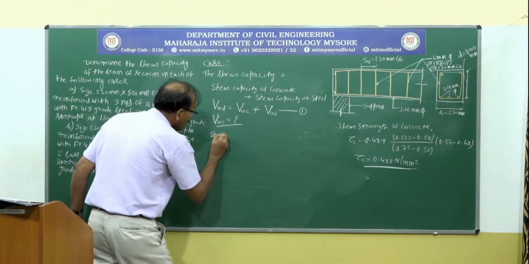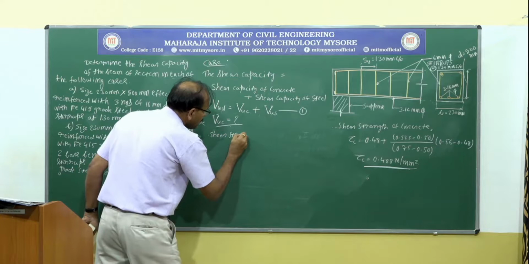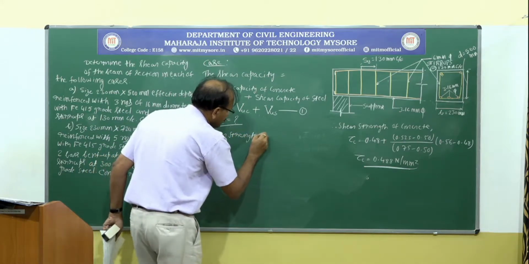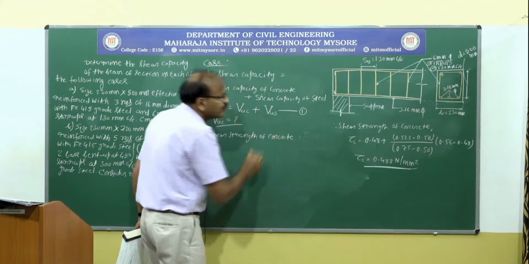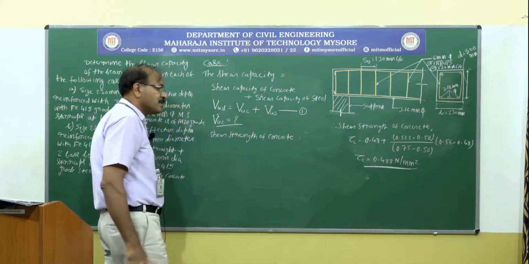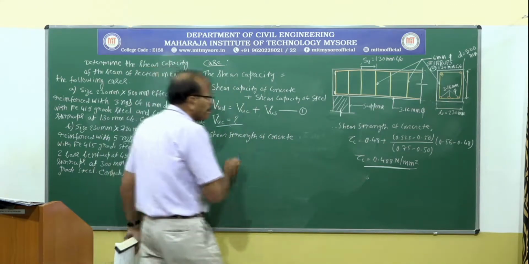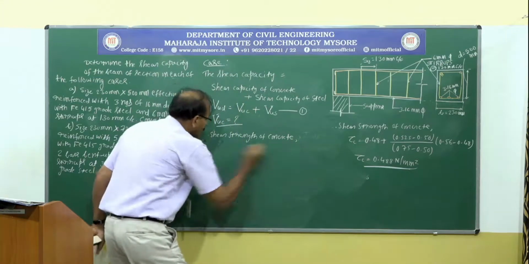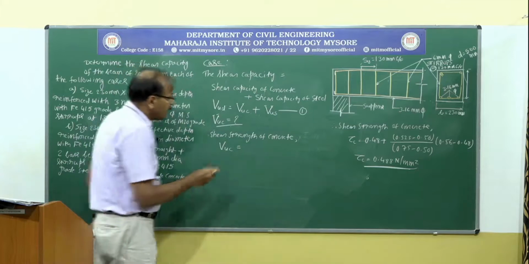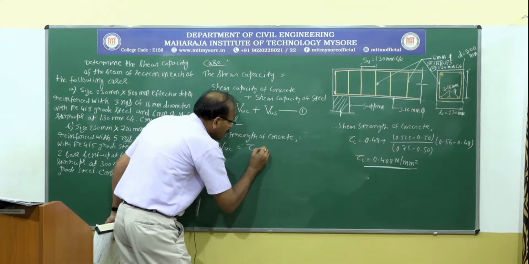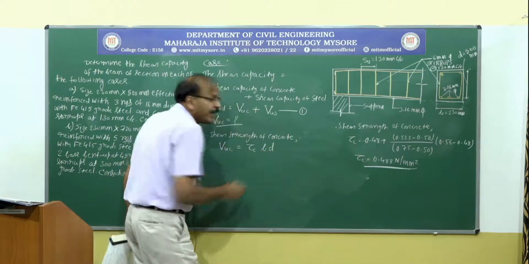Therefore, shear strength of concrete is VUC, that is given by tau C multiplied by BD.